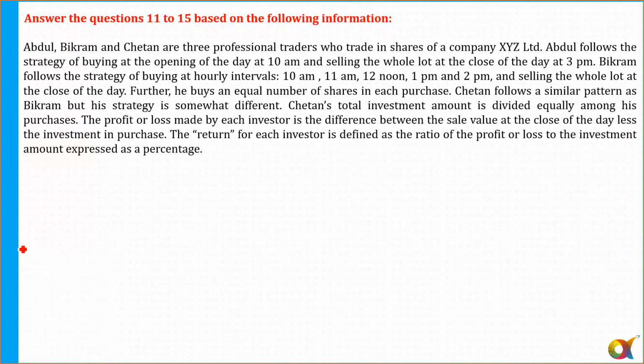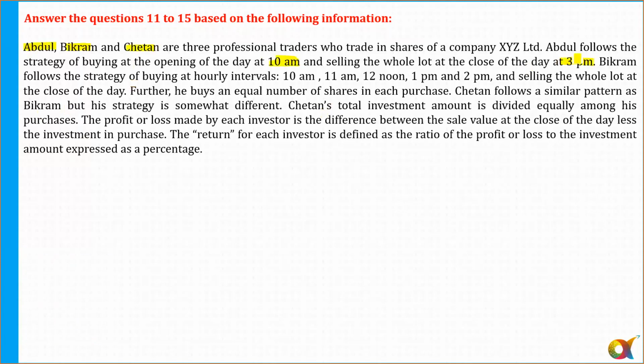Okay, it says Abdul, Vikram and Chetan. There are three professional traders who trade in shares of company XYZ Limited. Abdul follows the strategy of buying at the opening of the day at 10 a.m. and selling the whole lot at the close of the day.